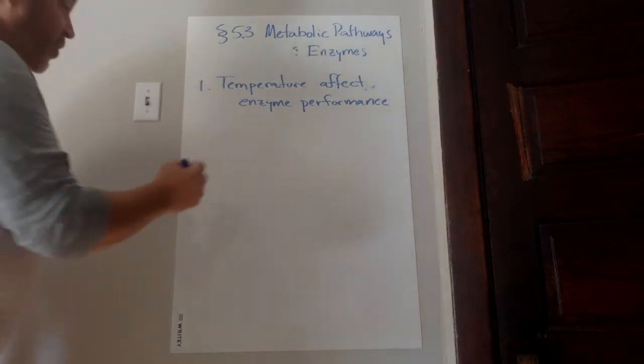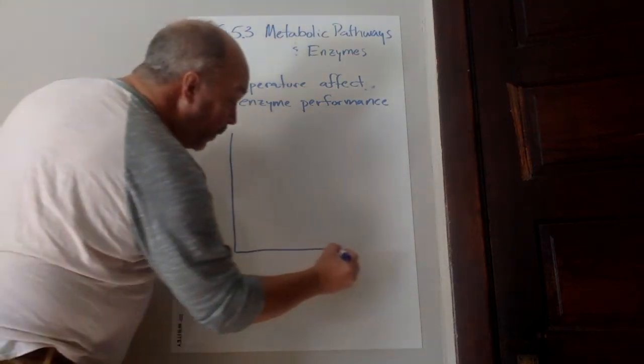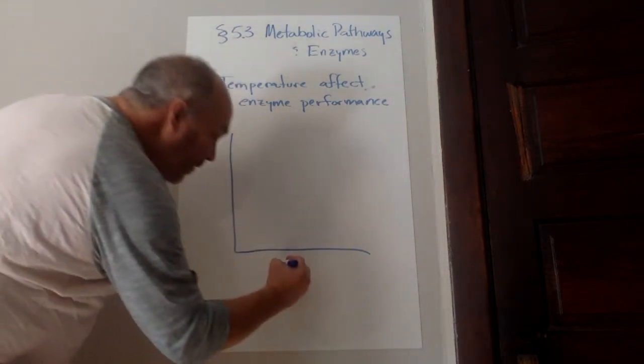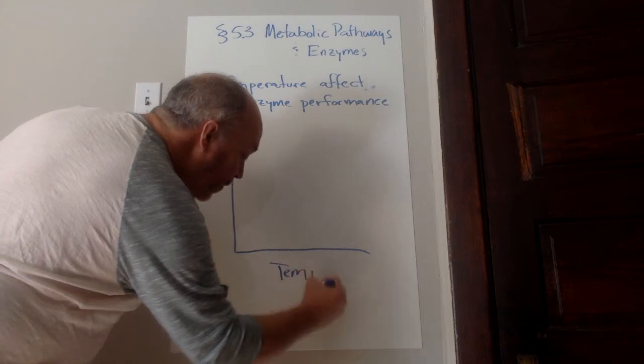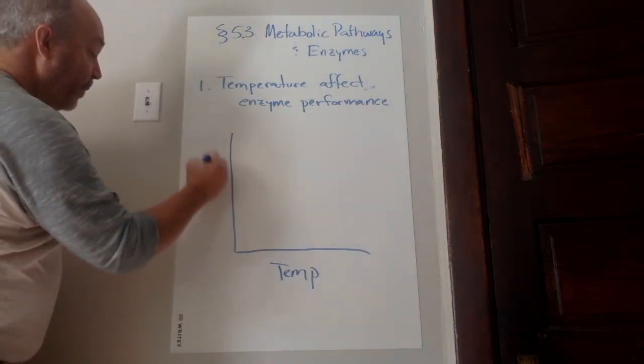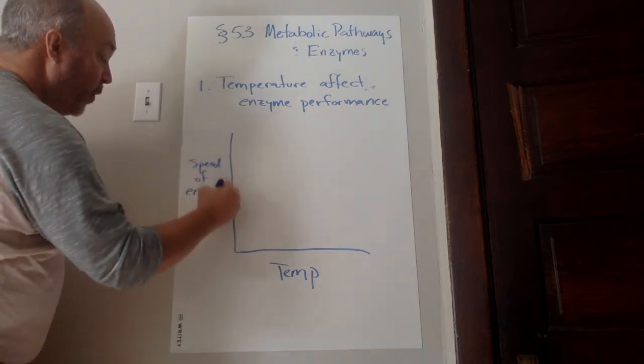And the typical relationship, so here we're going to draw a graph. On this axis, we'll have temperature, and on this axis, we'll have speed of the enzyme, or the reaction rate.